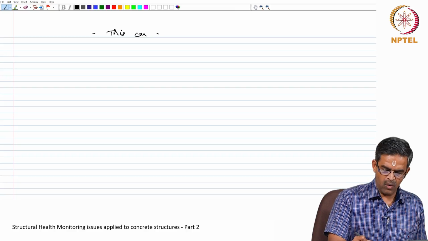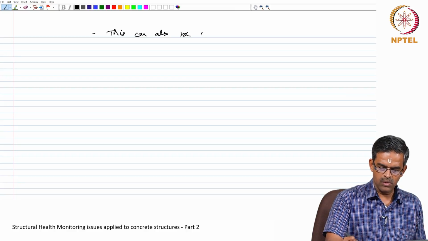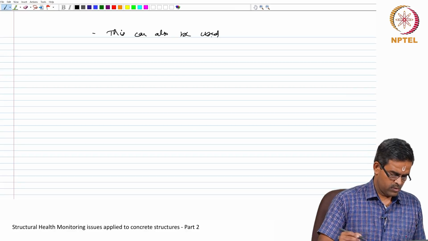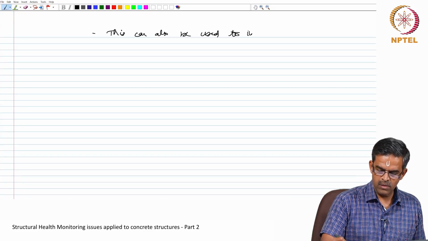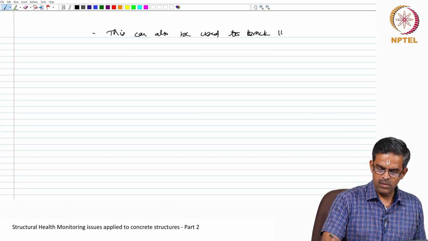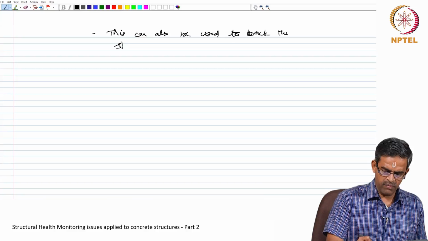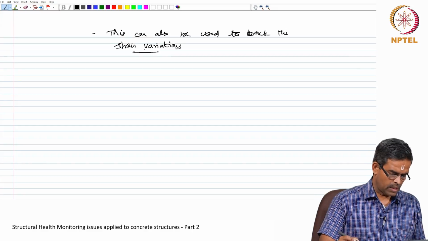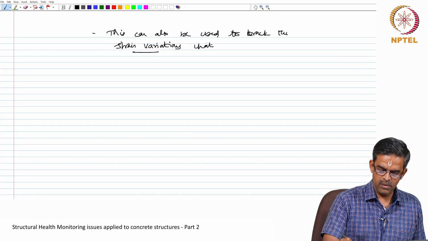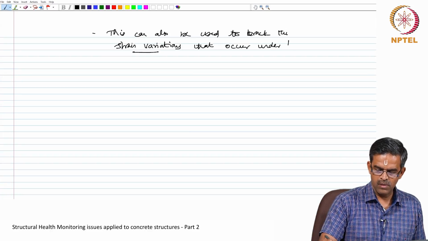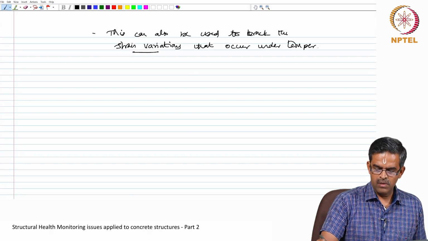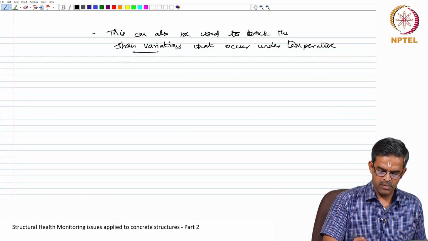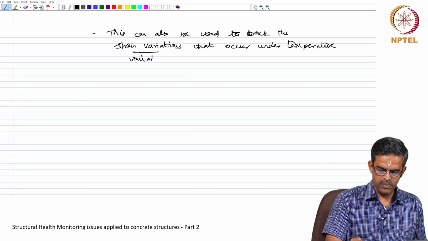This can also be used to track the strain variations that occur under temperature variations.